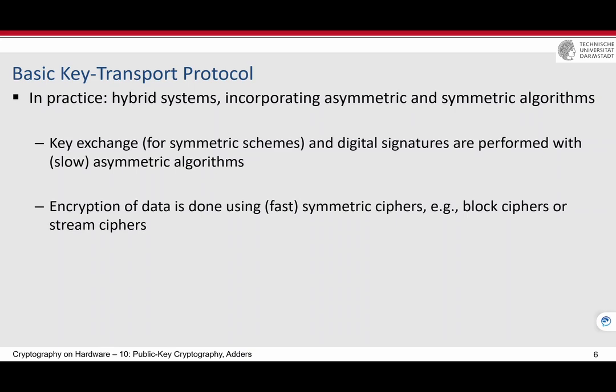What you usually do is use asymmetric cryptography just for the key exchange. The key is exchanged for the symmetric schemes, and the encryption, decryption, and communication are done afterwards with symmetric cryptography, which is pretty fast, like the block ciphers or stream ciphers you have already learned.